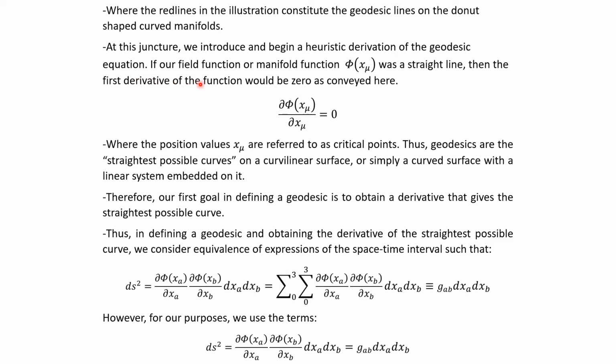If our field function or manifold function phi was a straight line, then the first derivative of the function would be zero, as conveyed here, where the position values x are referred to as critical points. Thus, geodesics are the straightest possible curves on a curved surface, or simply a curved surface with a linear system embedded on it.